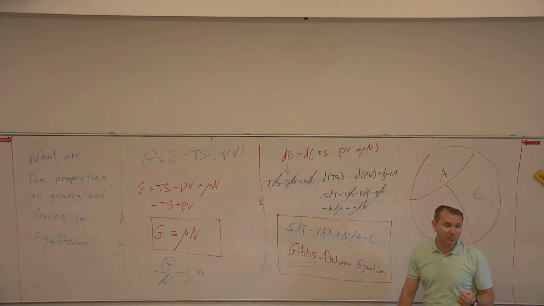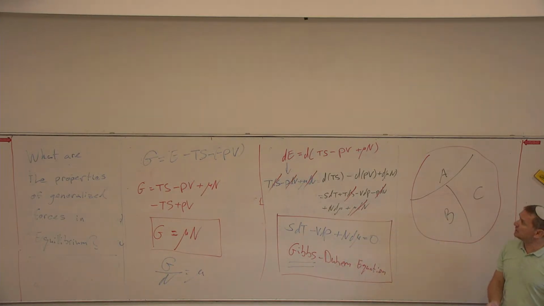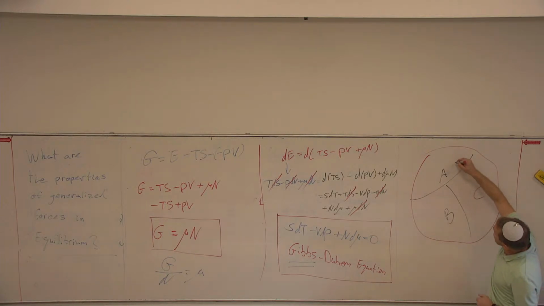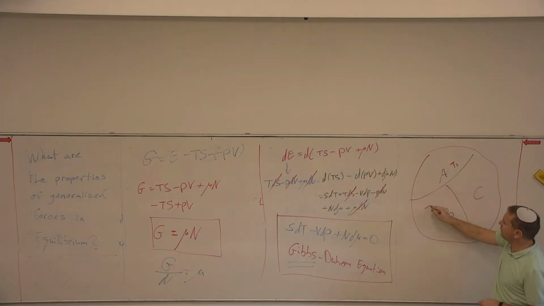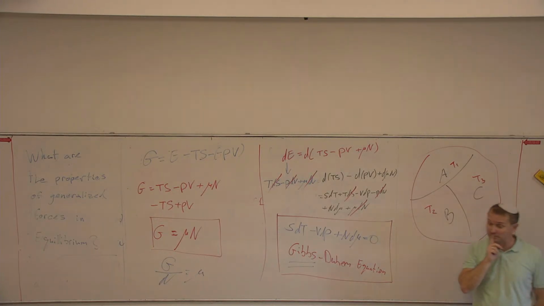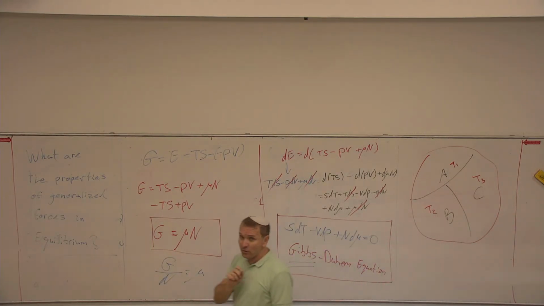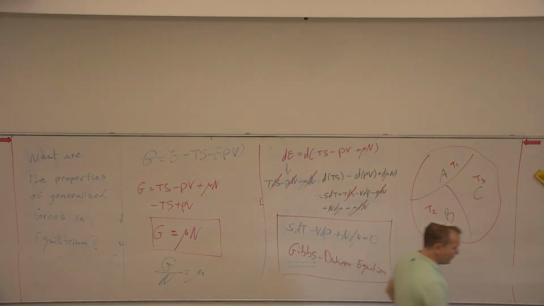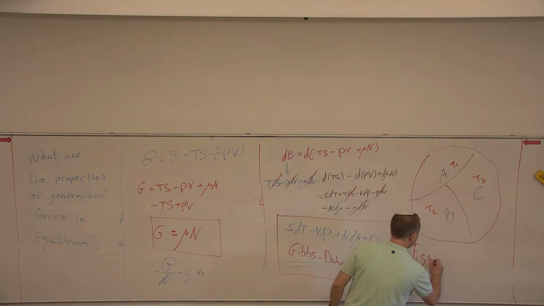Now, my question is, for example, here I have T1, T2, and T3. I have different temperatures: temperature T1 for system A, temperature T2 for system B, and temperature T3 for system C.